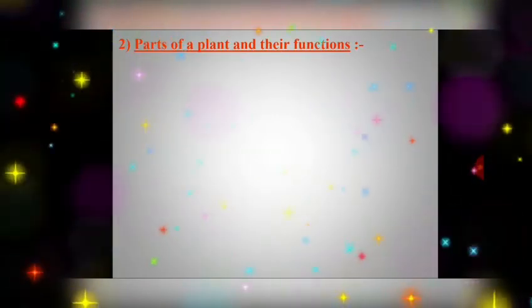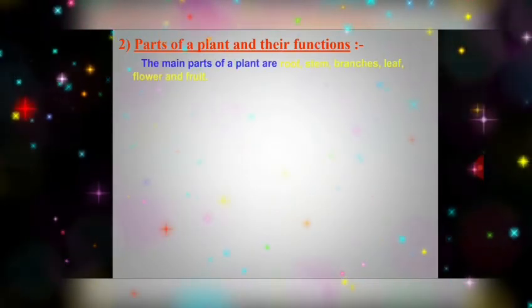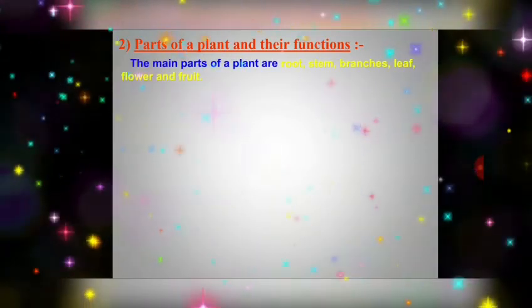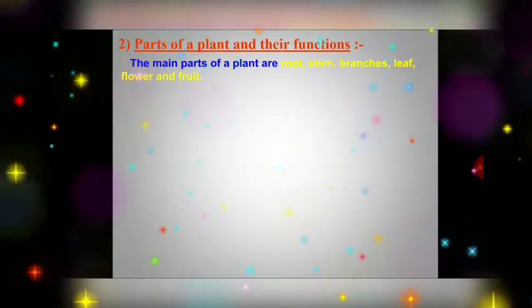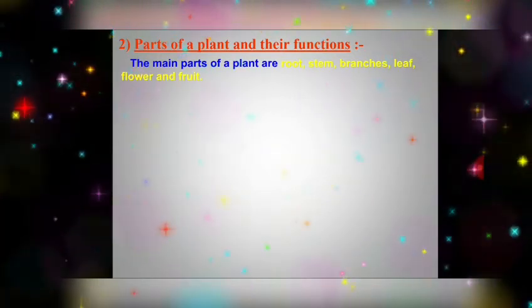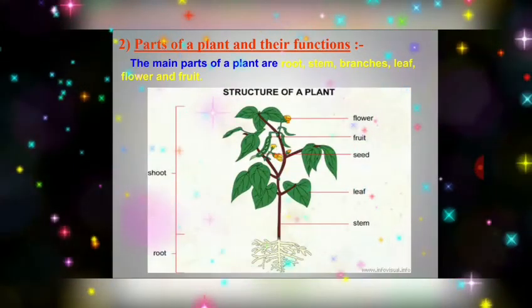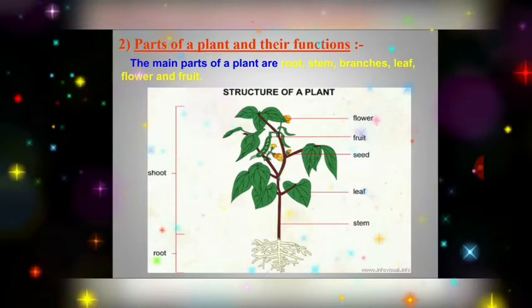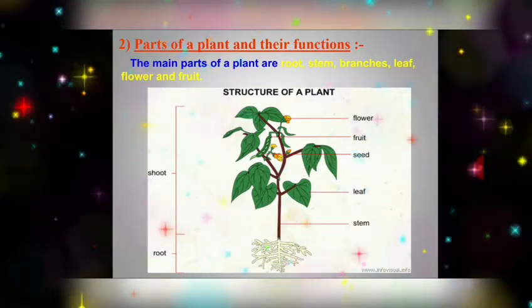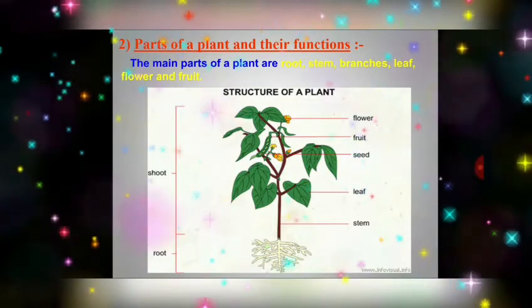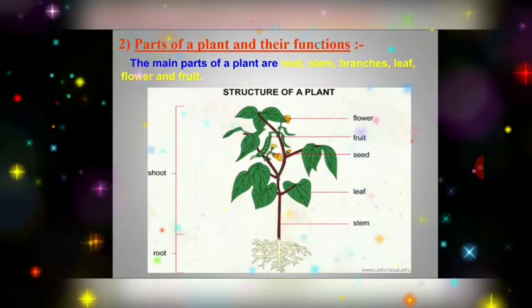Now let us see the parts of the plant and their functions. The parts of a plant are roots, stems, branches, leaf, flower and fruit. In the first chapter we have studied that we can divide the parts of a plant into two systems, root system and shoot system.